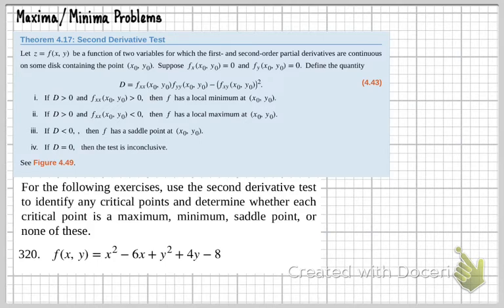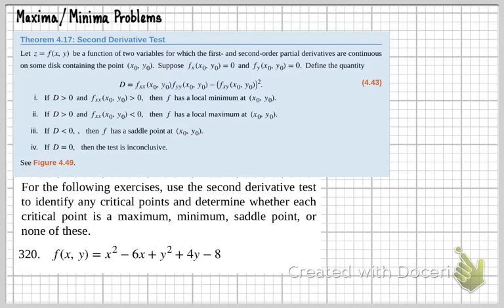It says let z equal f(x,y) be a function of two variables for which the first and second order partial derivatives are continuous on some disk containing the point (x naught, y naught). Suppose the partial with respect to x and the partial with respect to y equal 0. Now this is the part where it says they're critical points.